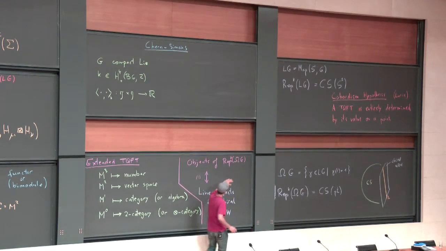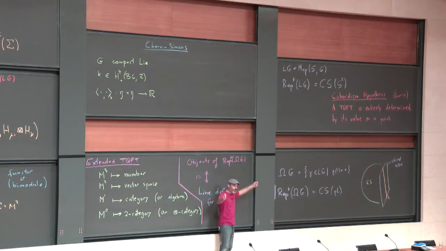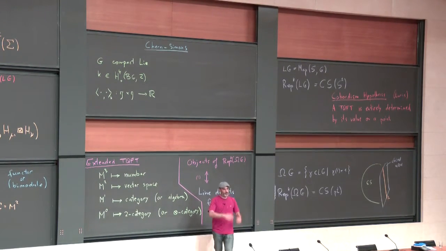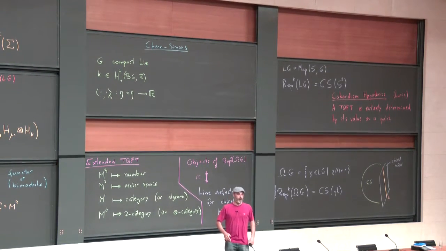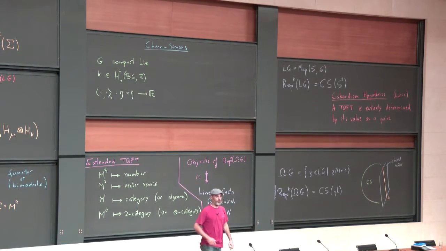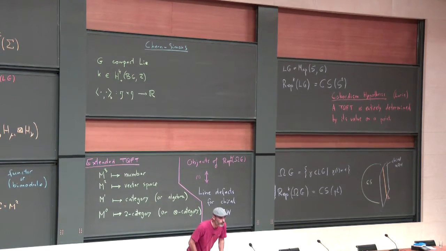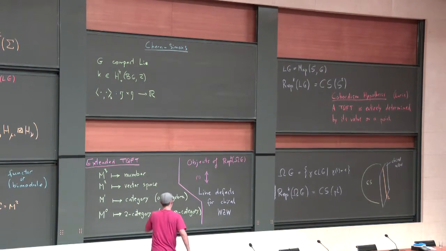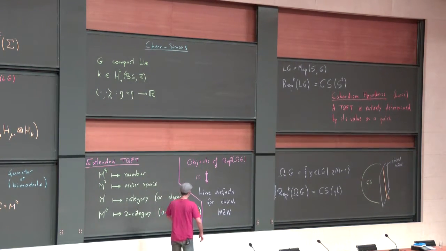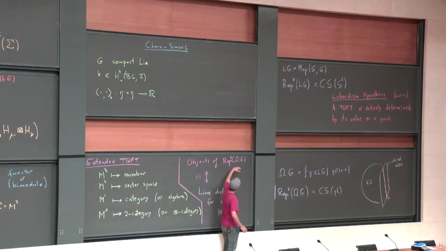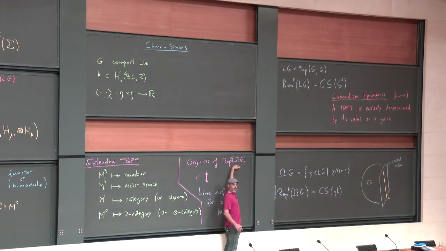And by the way, this is a tensor category. It can fuse lines together. Whereas the thing upstairs is a braided tensor category. That one is only fusion. This category contains lots of stuff.